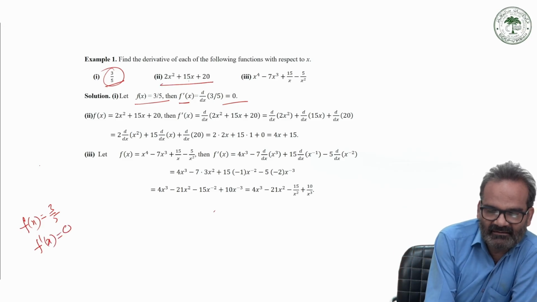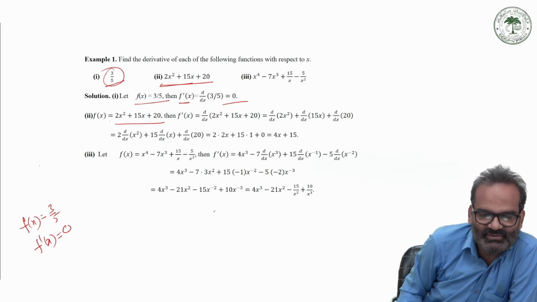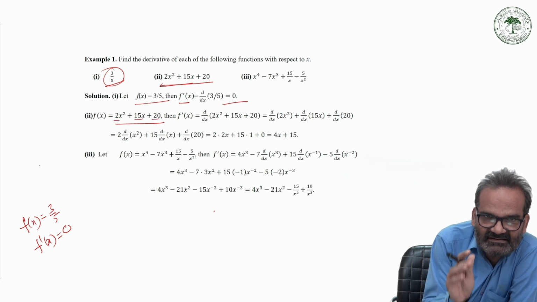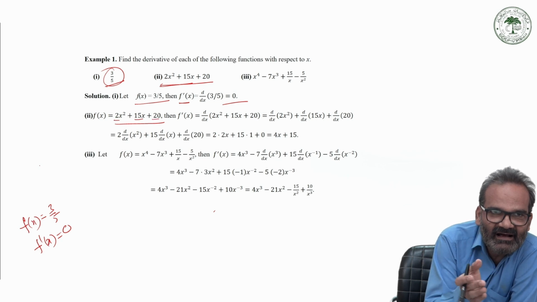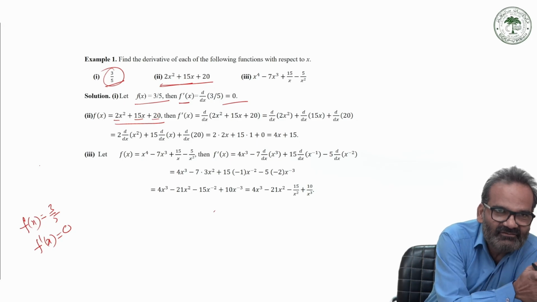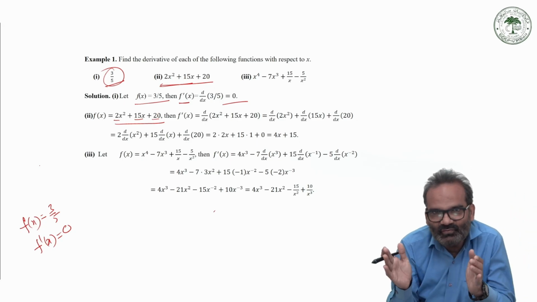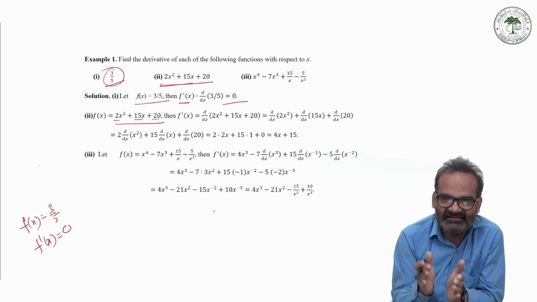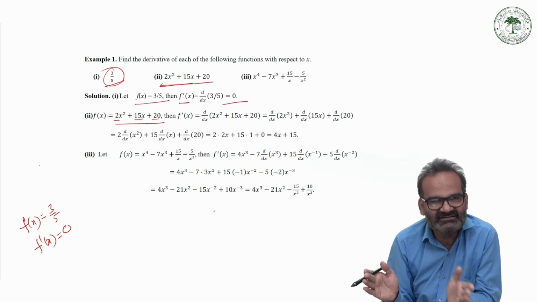Now take this one. f(x) is equal to 2x square plus 15x plus 20. So this is function 1, this is function 2, this is function 3. This is the sum of 3 functions. And just as in the earlier slide, if 2 functions are added, we can find the derivative by getting their derivatives separately. Here 3 functions are added.